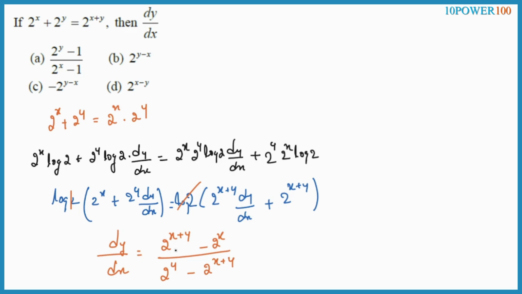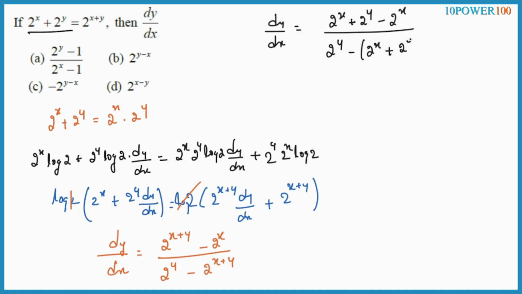Now in place of 2 power x plus y, I'm going to write 2 power x plus 2 power y. So dy by dx is equal to (2 power x plus 2 power y minus 2 power x) whole divided by (2 power y minus 2 power x minus 2 power y).